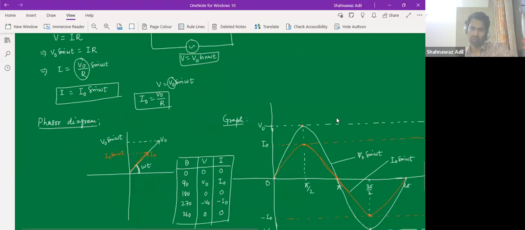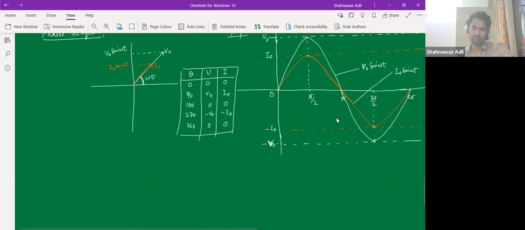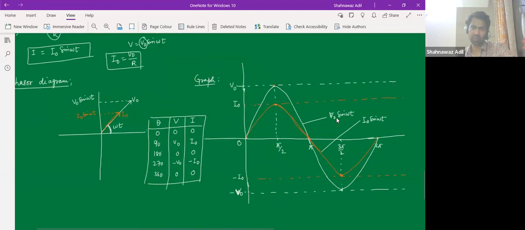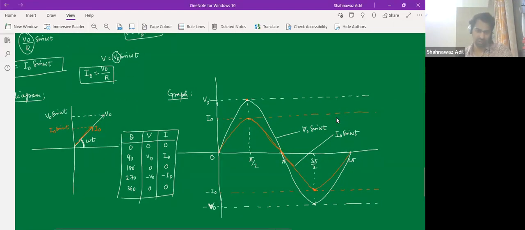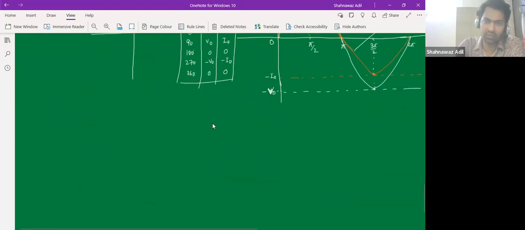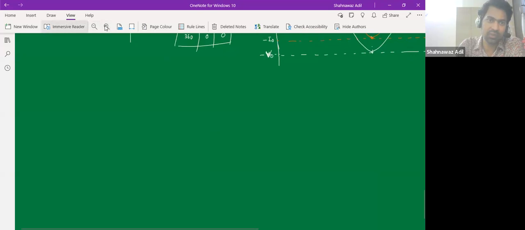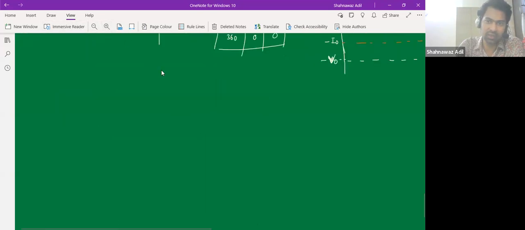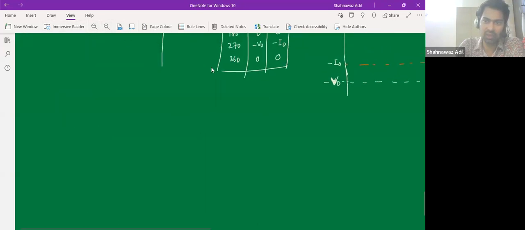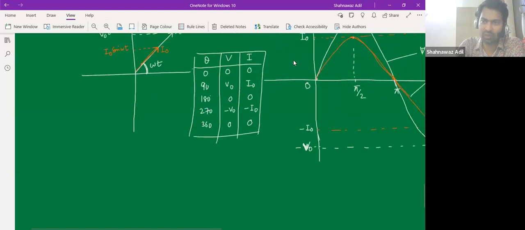Yeah, this is it. This graph part is also left. Sir, just the graph is left. Oh, graph is left. Yeah.